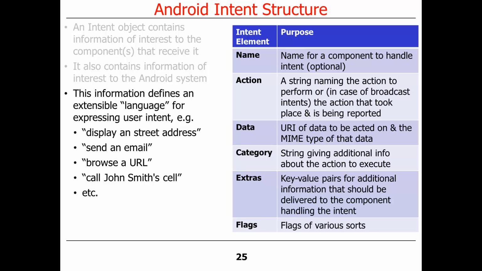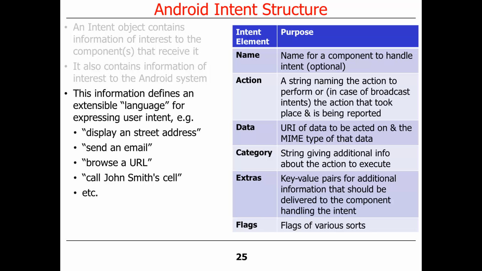So here are some examples of these kinds of things. Display a street address. You'll actually see an example of this next time, probably, where you give it an address, and it brings up the Maps application and displays the address. Send an email: you want to send an email, so it'll start the email send. Browse a URL: you give it a URL, and it opens up the page.